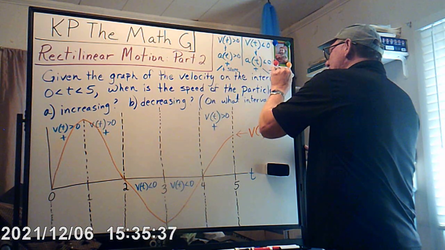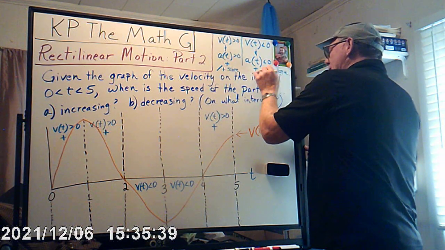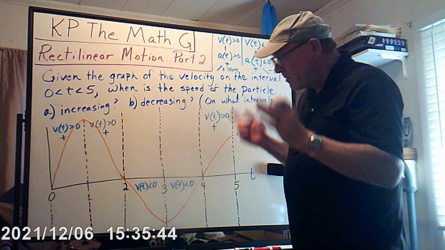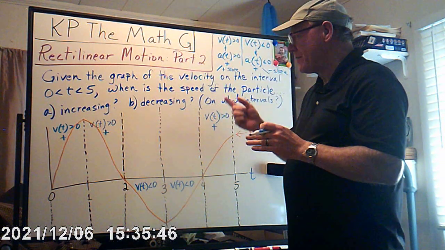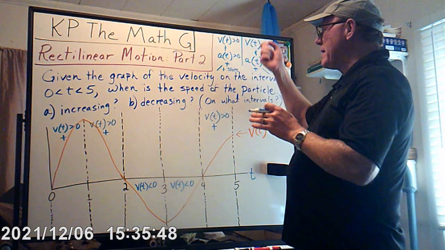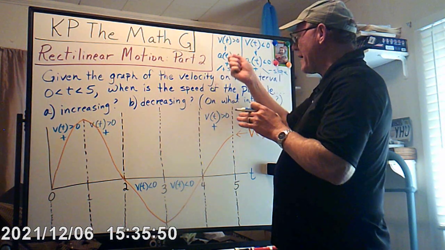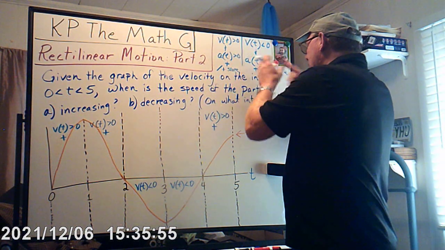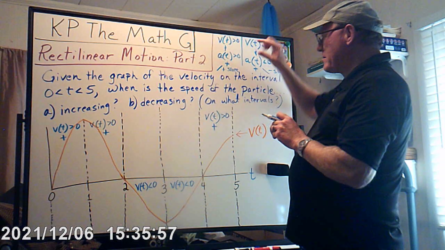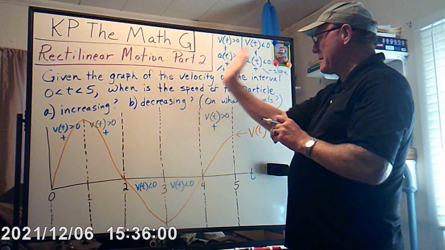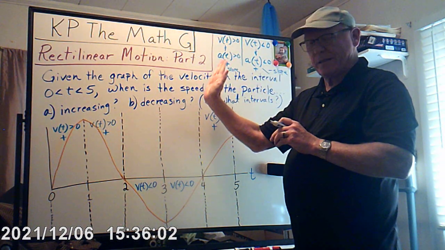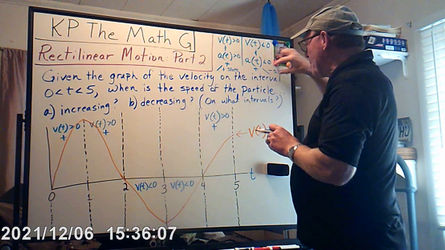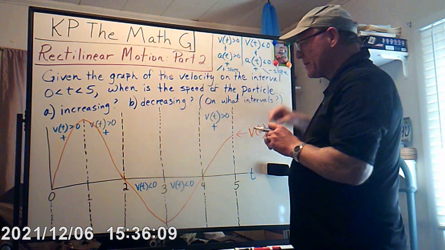So I'm going to show you how simple it is to determine whether the acceleration at time t is greater than 0 or less than 0. If it's greater than 0, it's going to lean to the right. If it is less than 0, these little slope lines are going to lean to the left.